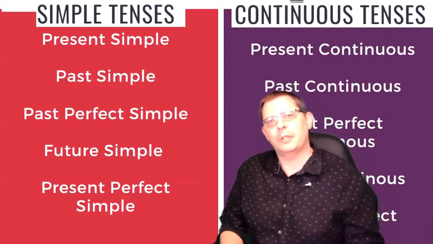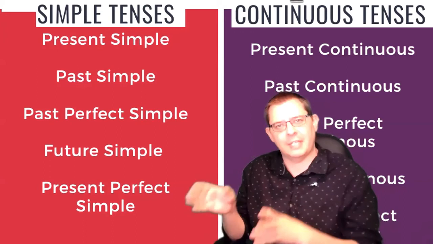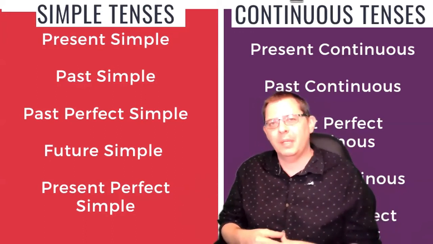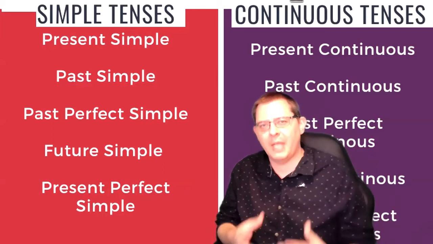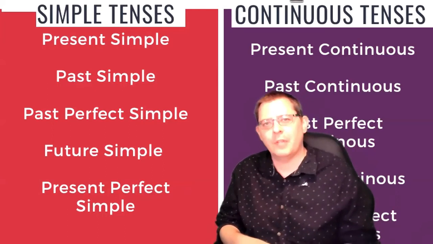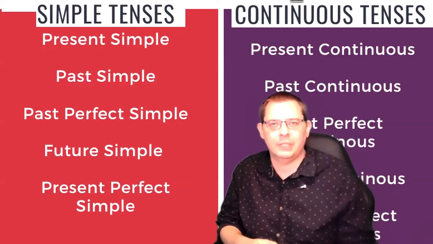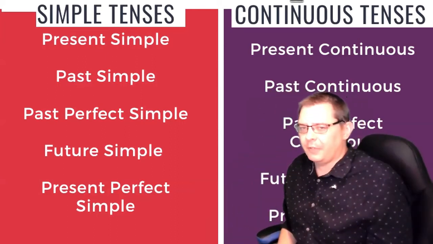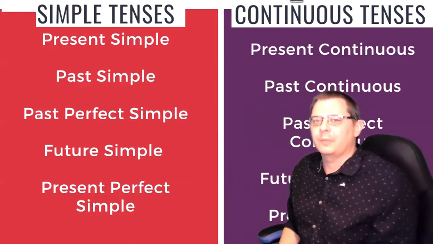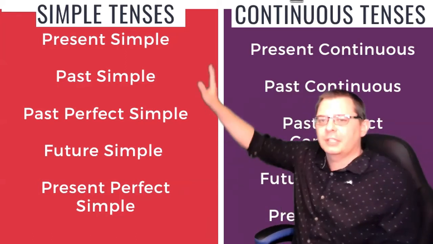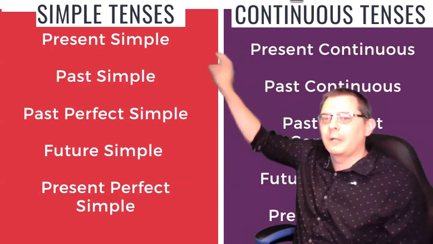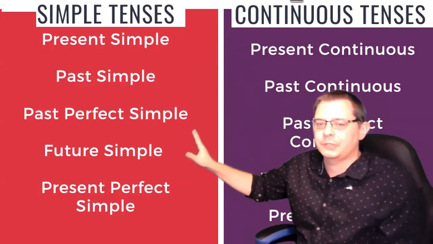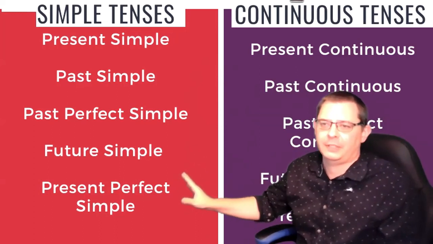Why is this important, that we know the difference between a state verb and an active verb? Well, unfortunately, the type of verb that we have depends on the type of grammar that we are allowed to use in English. Now, for state verbs, we can only use them in simple tenses, such as the present simple, the past simple, the past perfect simple, the future simple, and the present perfect simple.